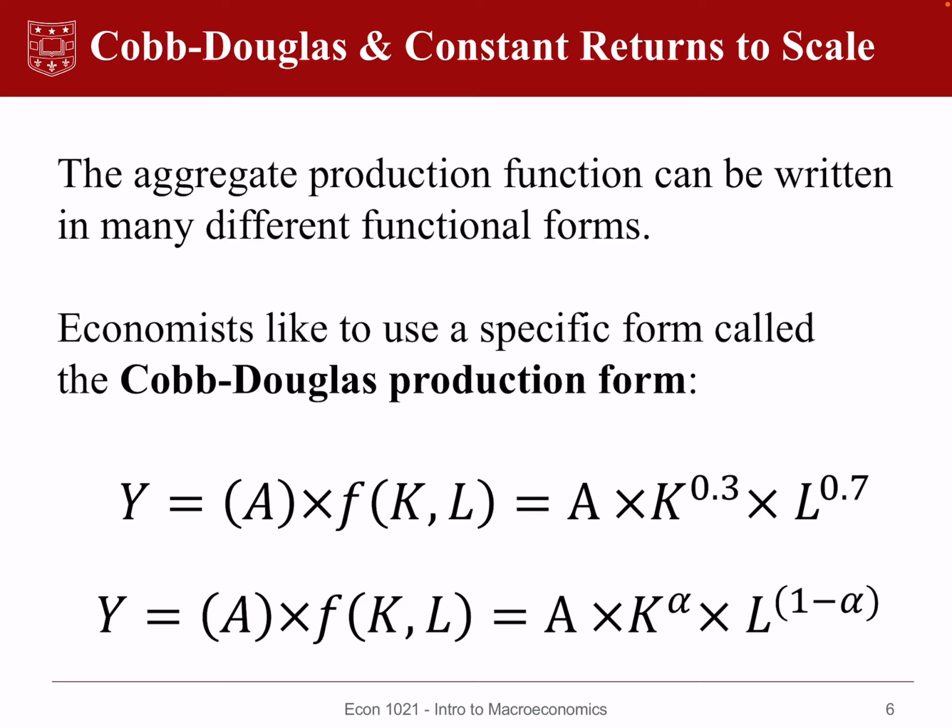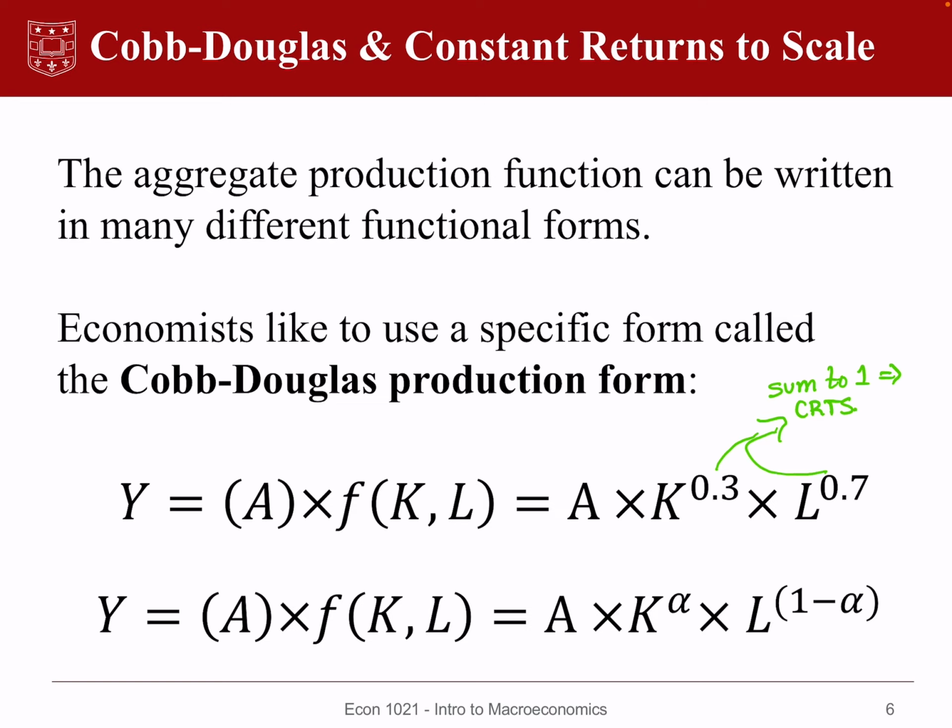And a Cobb-Douglas production function has a couple of nifty features. One of them is that if we have these exponents that sum to 1, then we have what's known as constant returns to scale. Constant returns to scale means that when we double these inputs, we're going to exactly double output.